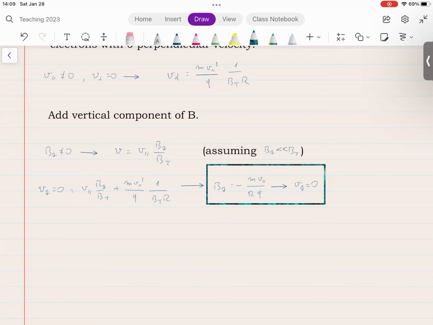That means I can make it work for only one particle, or one type of particle. If I have a bunch of identical particles, all moving, I started with a beam, all moving with the same parallel velocity, well, this is going to work. And what if I also want particles of the opposite sign? Well, I need to change the sign of Bz. It's not going to work. So that's not the solution.